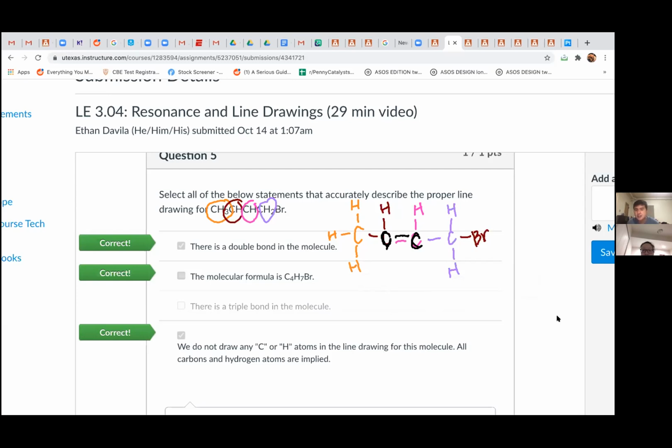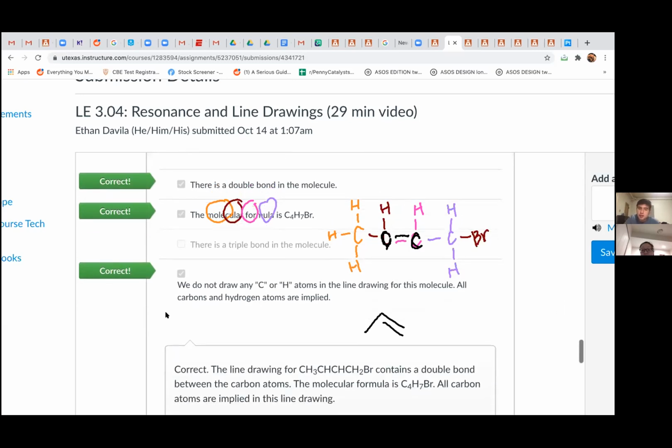Oh. Yeah. Wait, don't you not draw carbons and hydrogens though? You want to do stick figure? Because I think that's what they want us to do, because it says we do not draw any CH. And that's this. The way you do this, it's like this. This is 1, 2, 3, 4, right? 1, 2, 3, 4.